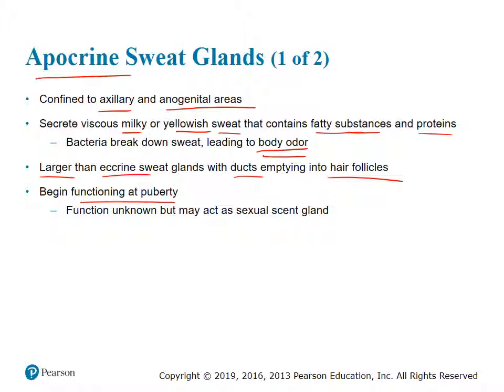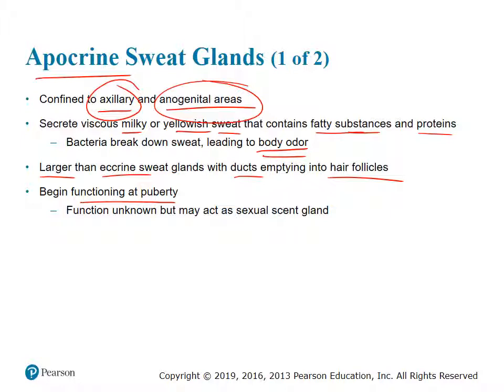Although they do have a smell, and obviously every human has a little smell, they wouldn't need deodorant per se, right? Because these are not active. When puberty hits, those hormones dictate that these become active, and this is where you see the production in, again, these two areas.